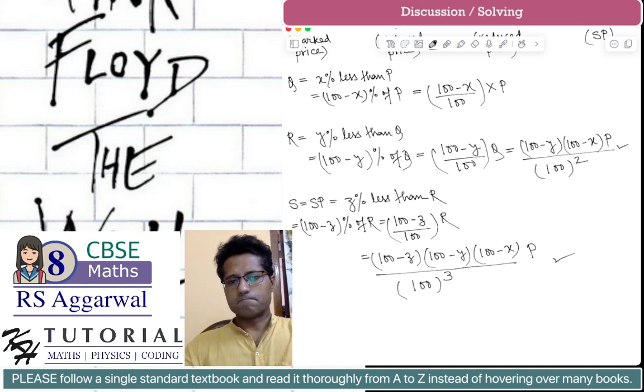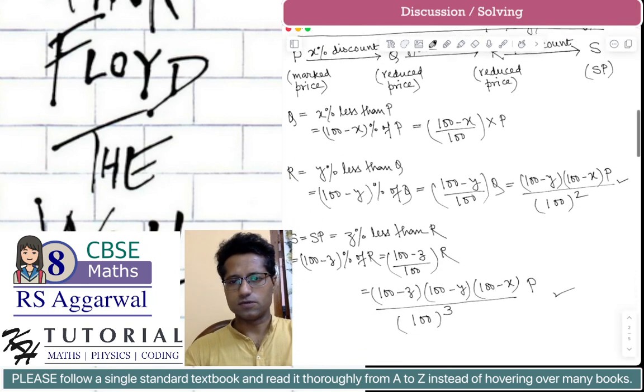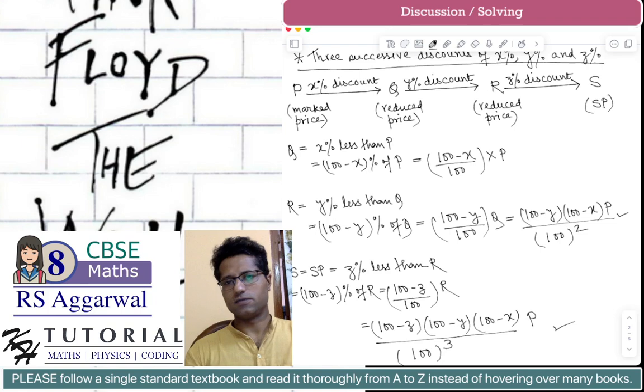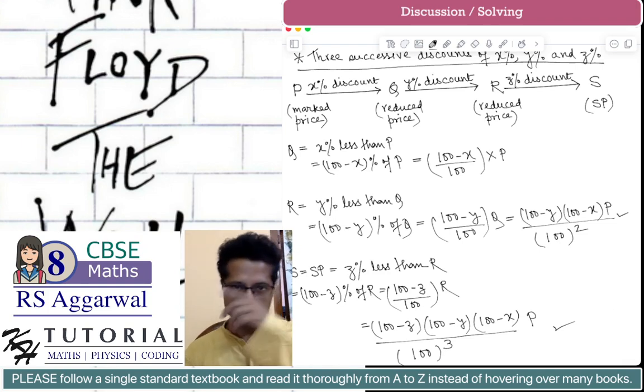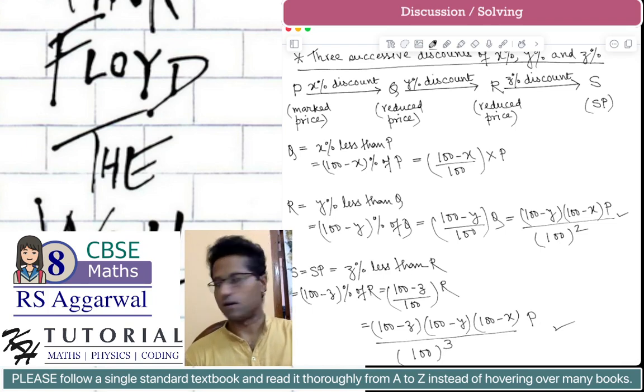Now, this was how three successive discounts work on a mark price. Usually, from this problem on successive discounts, they do not ask, at least I have not found, the final selling price.